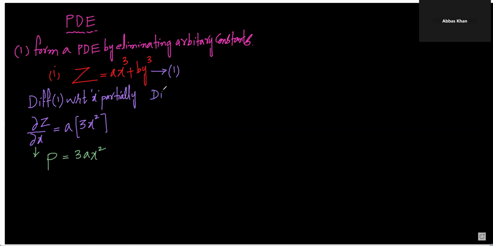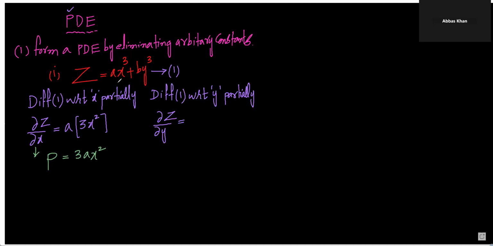Now differentiating the same equation, that is 1, with respect to y, partially. What is the name of the topic? Partial differential equation. You have to differentiate partially. Dou by dou y of z is equals to.